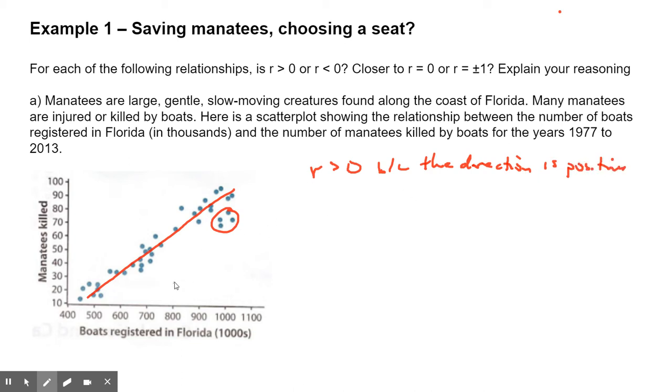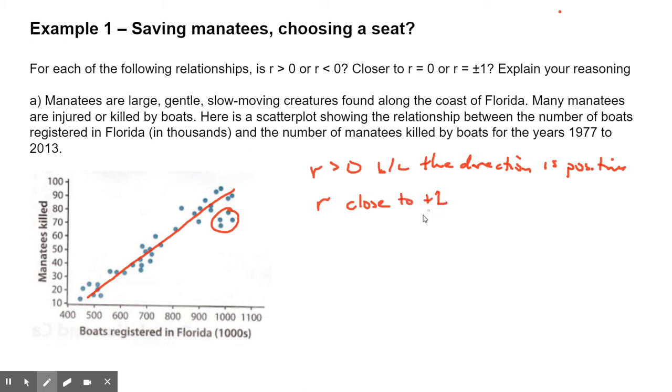And then, because the dots are pretty tightly packed, I'm going to say that r is closer to +1. You don't have to put the +1, but I will.